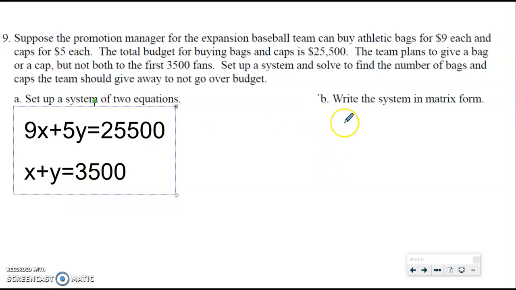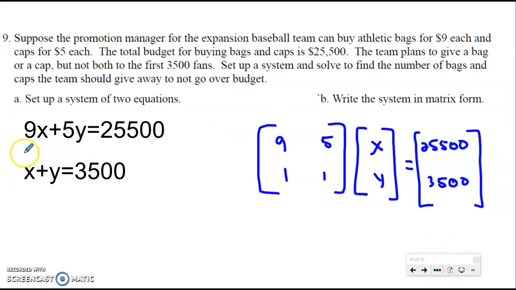The next thing I want to do is write this as a matrix equation. We take the 9, the 5, and the coefficients in place of x and y, and make a matrix based off that. And x and y is going to be that second matrix. Remember, rows by columns. So 9 times x plus 5 times y should equal 25,500, and 1 times x plus 1 times y should equal 3,500.